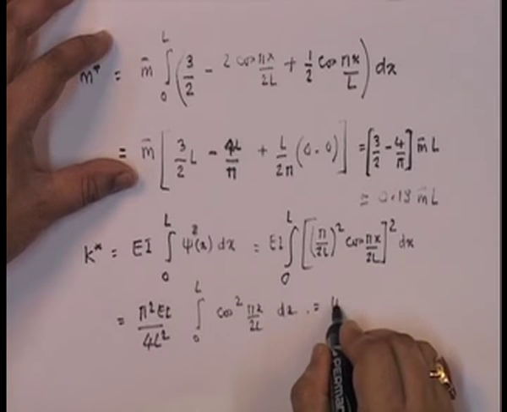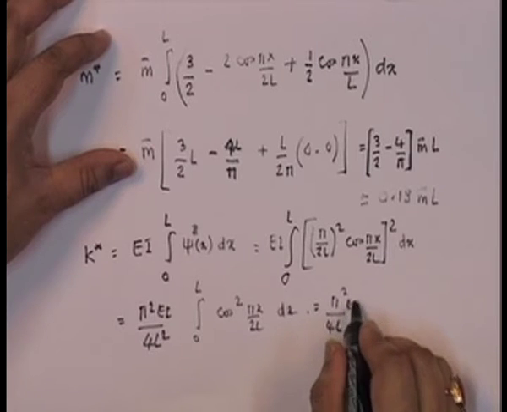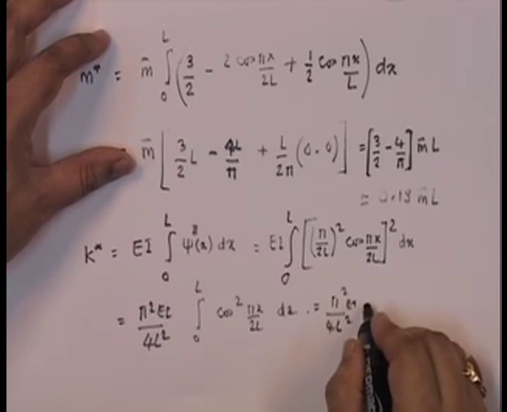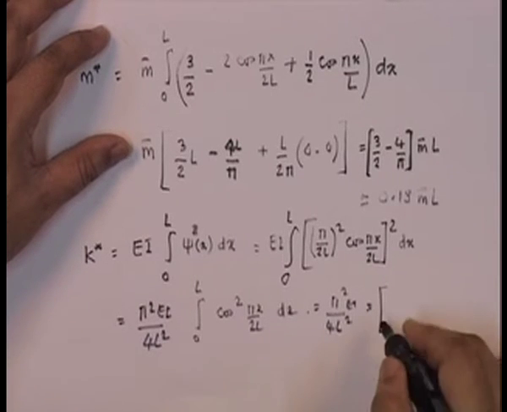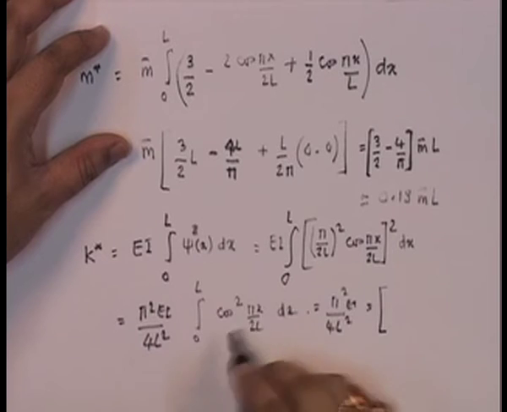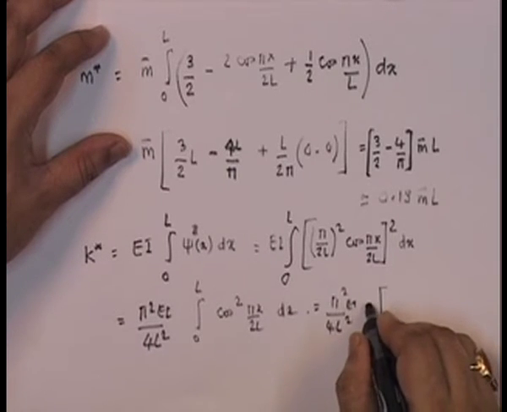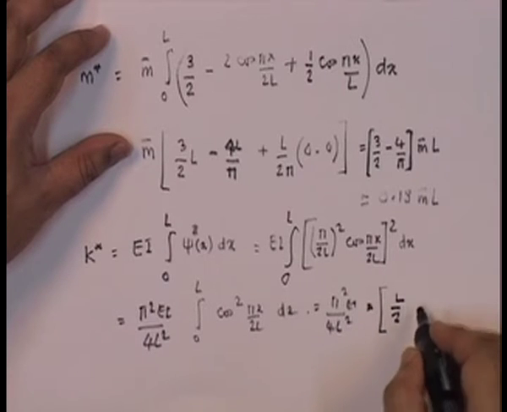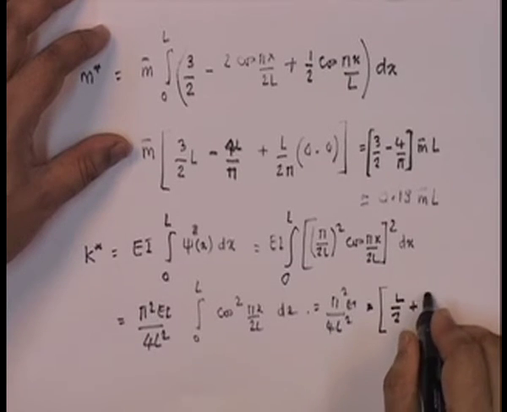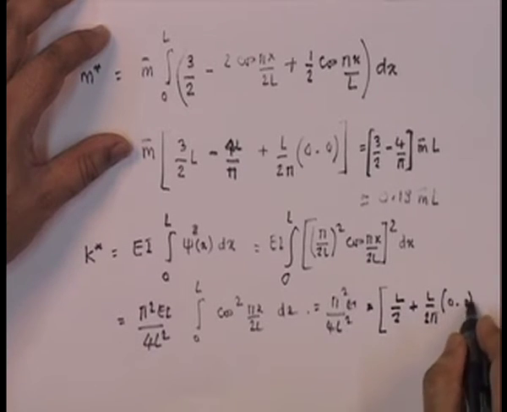This is equal to pi squared EI upon 4L squared, into, this one becomes half and the other one disappears. So, the inside is going to be equal to half, so L by 2 plus L by 2 pi times 0 minus 0.